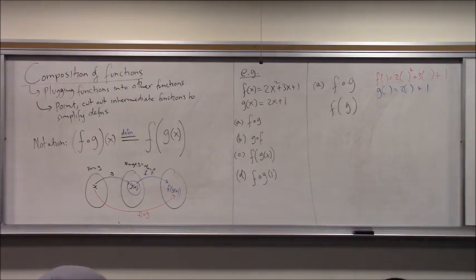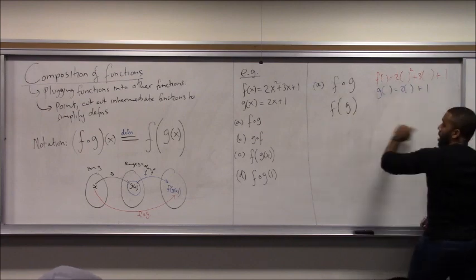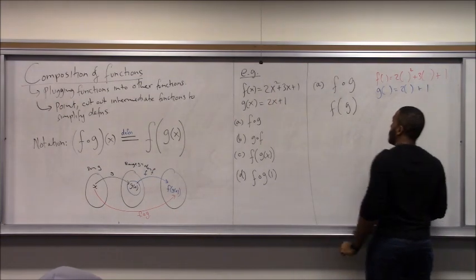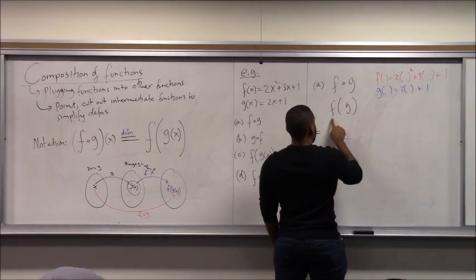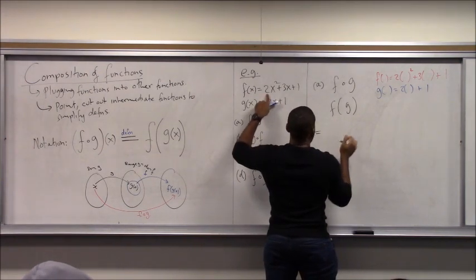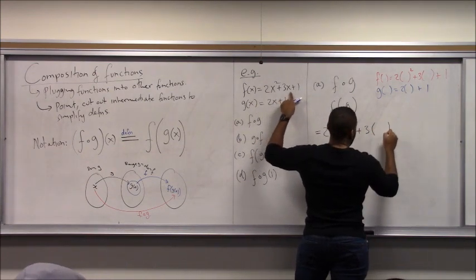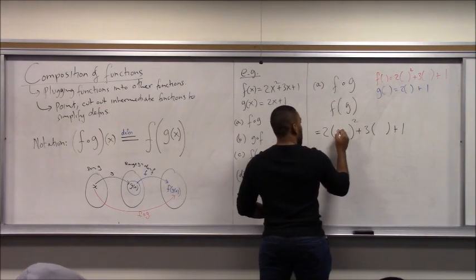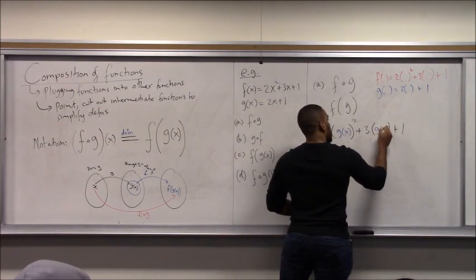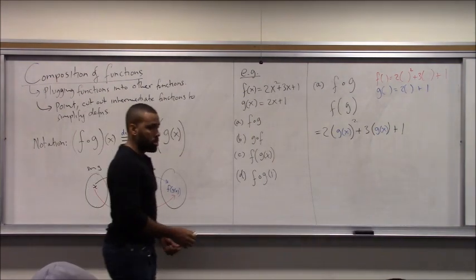Now in this case, I want this part to be filled in with g, which means I have to put g here, and g here. Everywhere there's an x, I need to replace it with a g. So you just start writing out the f, which is going to be 2 times something squared plus 3 times something plus 1. And then what is that something? Well, g of x is that something. So everywhere I see x, I'm going to put g in that position.